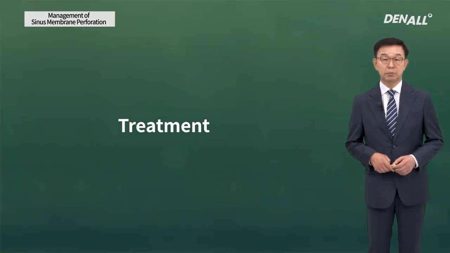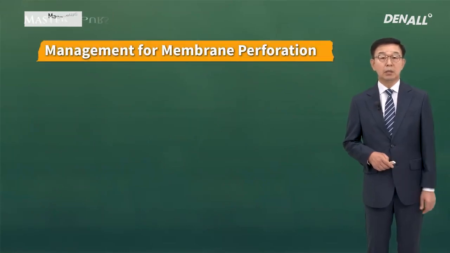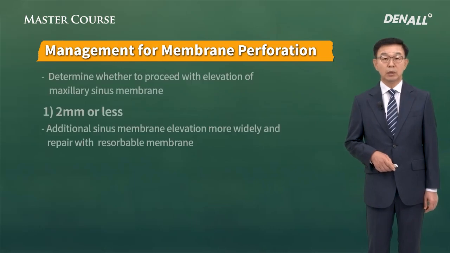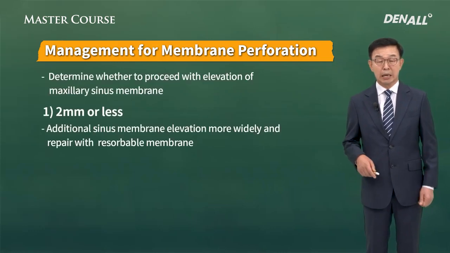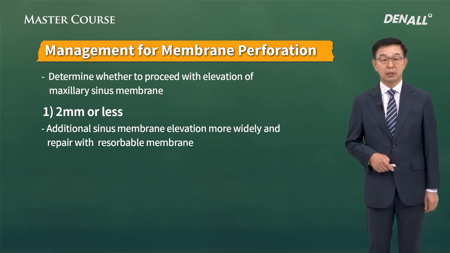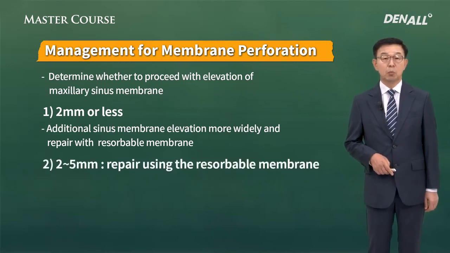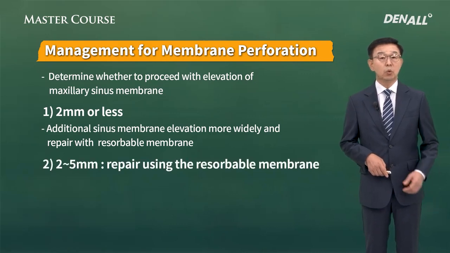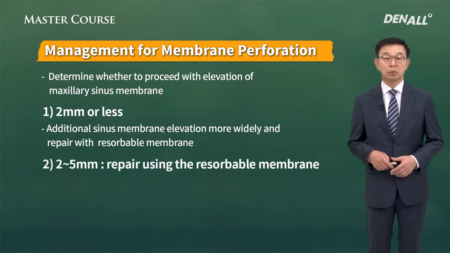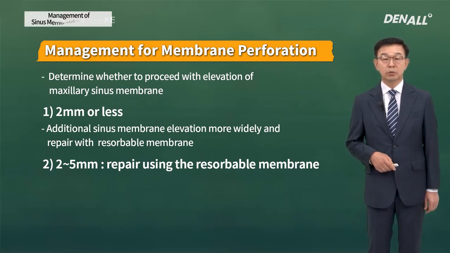Let's look at ways to address it. If there's perforation in sinus membrane, depending on the level of tearing, treatment method can vary. If the size of the tear is in between 2 and 5 mm, during surgery a resorbable membrane can be used to repair it very simply and proceed with surgery.